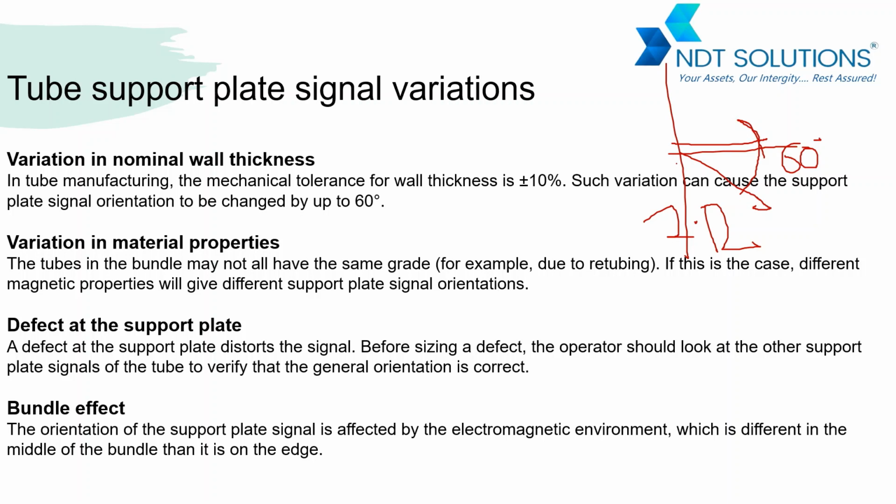Another case can be that some tubes got damaged, so there is a requirement of retubing. That retubing may not be of the same heat number, so the property of that particular tube differs from the other tubes, and that may also affect your support plate signal.